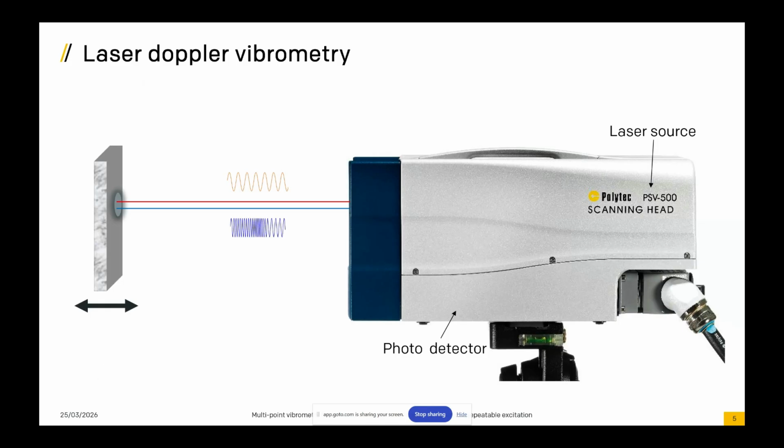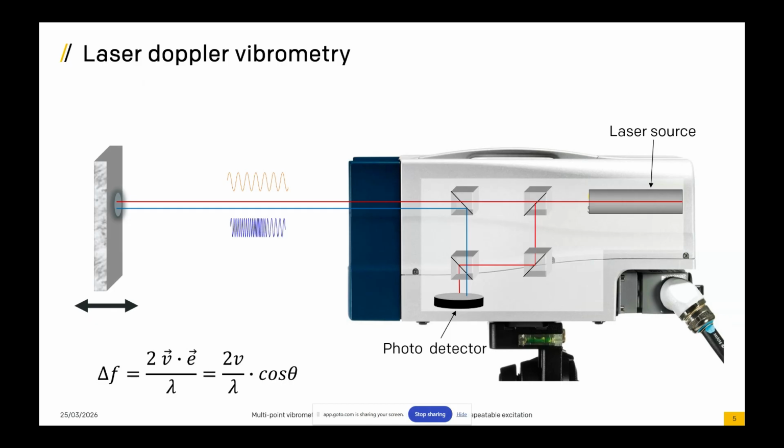So if we take a look inside of the sensor head, we'll see how it works. We have this laser source inside the head. The laser gets split. Half of the split beam stays internal to the sensor head and goes to this photodetector that we can see inside the head there.